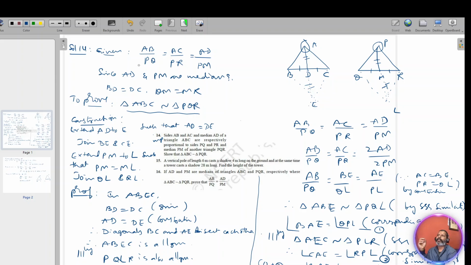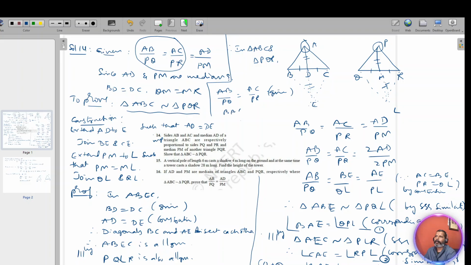We are done already, because two sides they have already given, and we wanted one more criterion, which we just proved. Therefore, in triangle ABC and triangle PQR, we have AB by PQ equal to AC by PR, which is given, and angle BAC equal to angle QPR from 3.